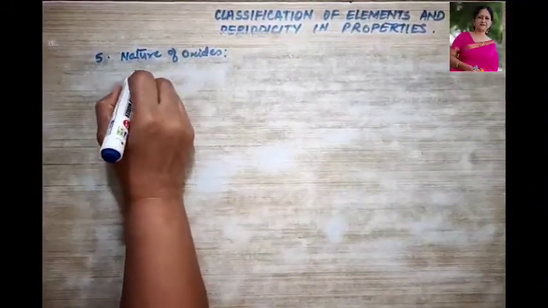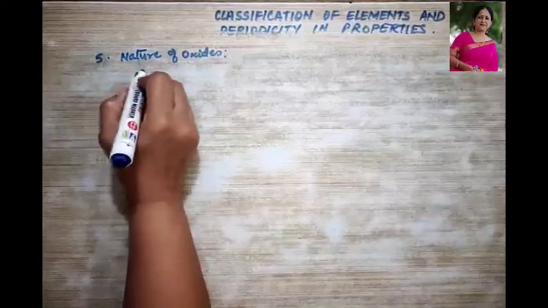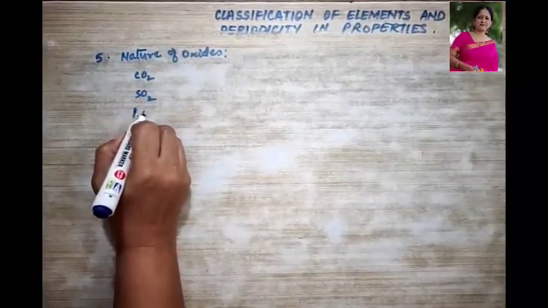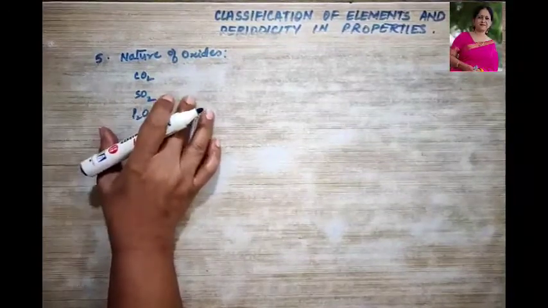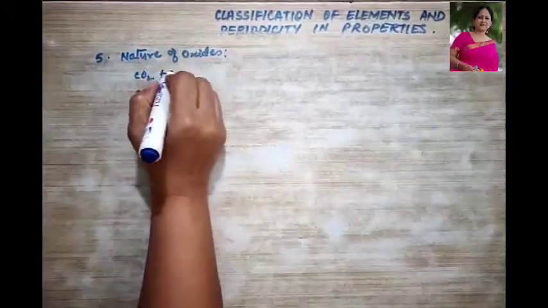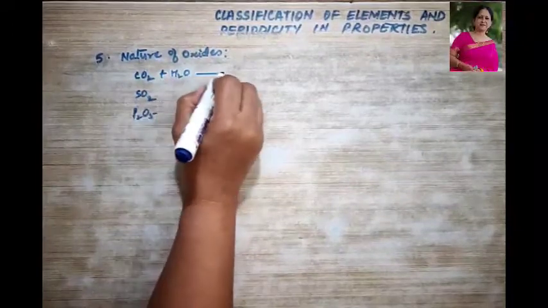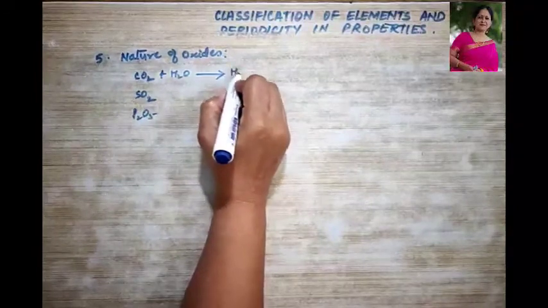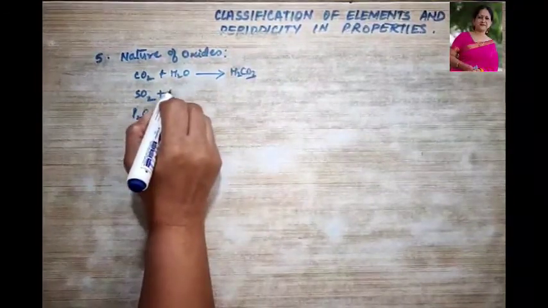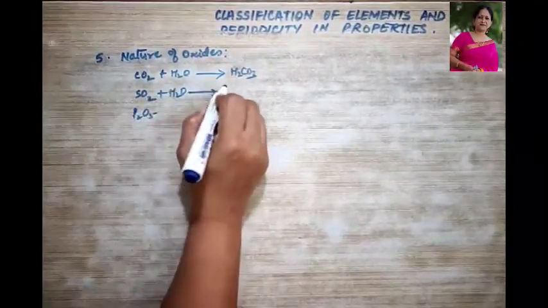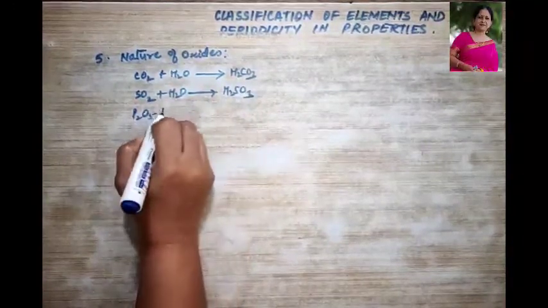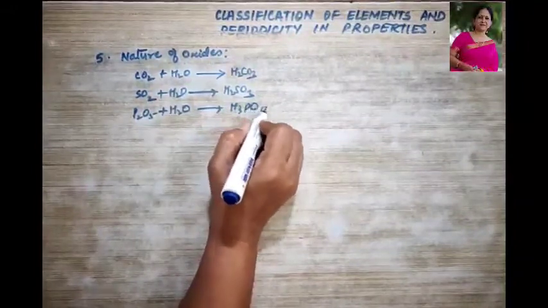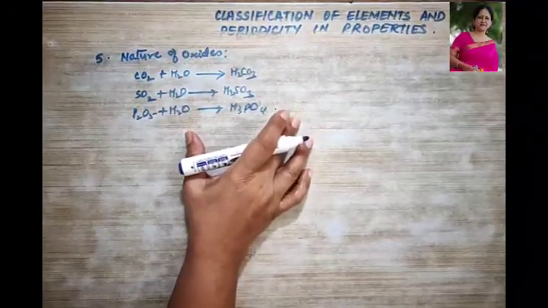You should be knowing that these are also termed as acid anhydrides. When they dissolve in water, they give us acids like H2O plus CO2 will give H2CO3. SO2 plus H2O will give H2SO3. P2O5 plus H2O will give H3PO4. Is this clear to all of you?